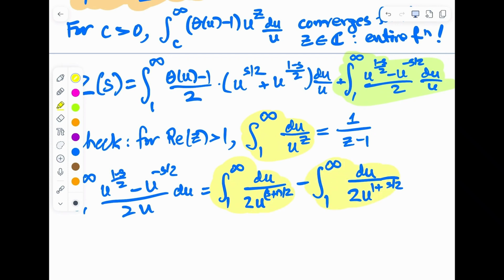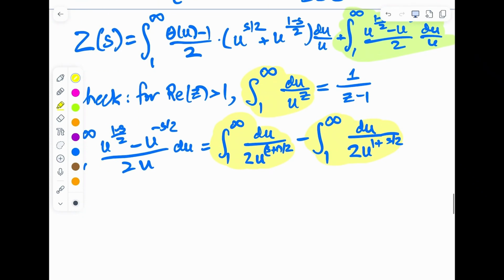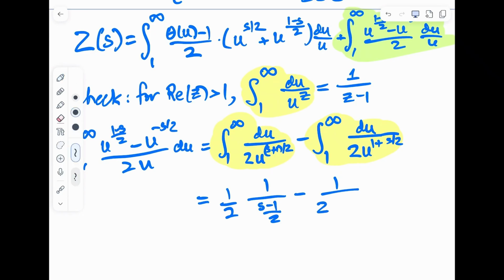All right. So these two blobs in the middle look like the yellow blob upstairs, up to the factor of 1/2. So we get 1 over exponent minus 1. S plus 1 halves take away 1 is s minus 1 halves minus 1 over 2. And if I subtract 1 from the exponent, I just get s halves. Great. So this becomes 1 over s minus 1 minus 1 over s.